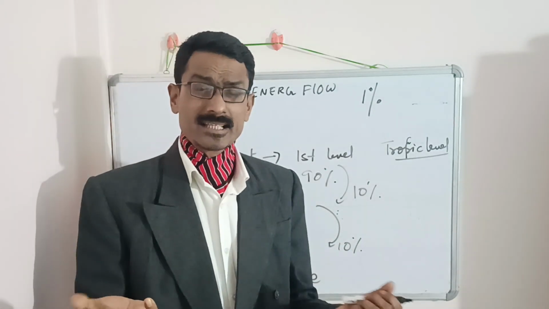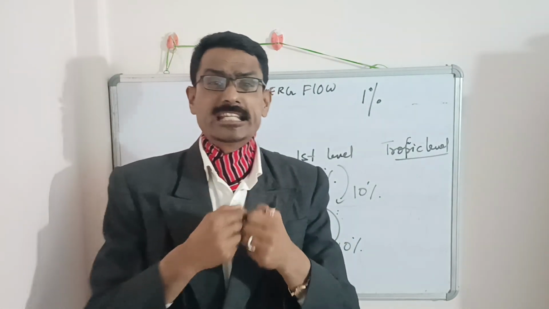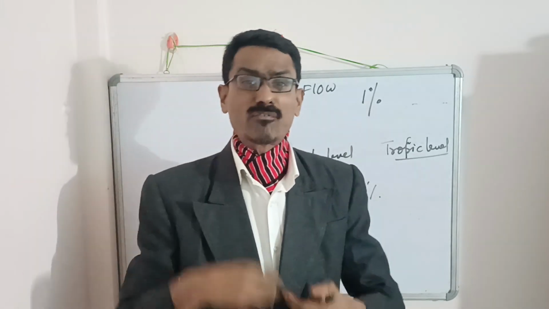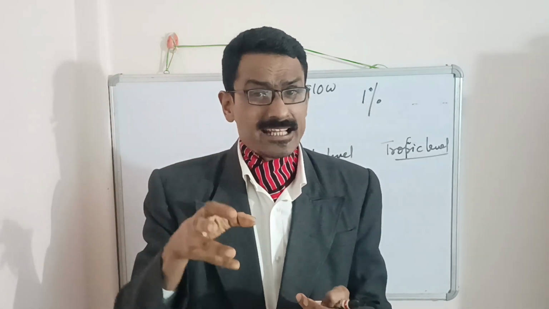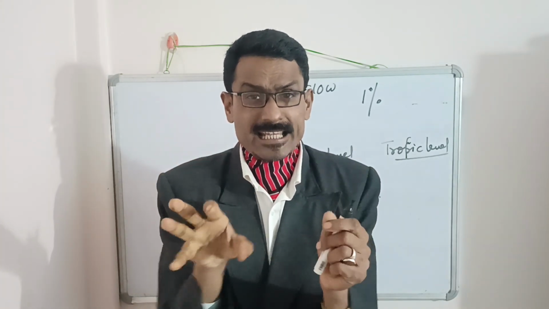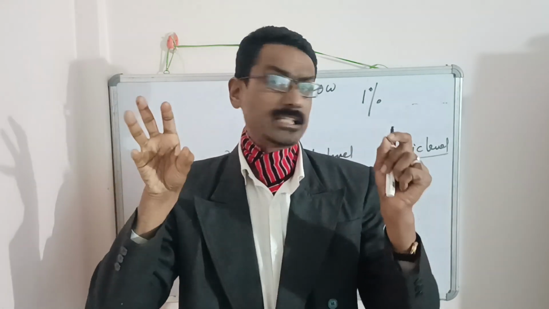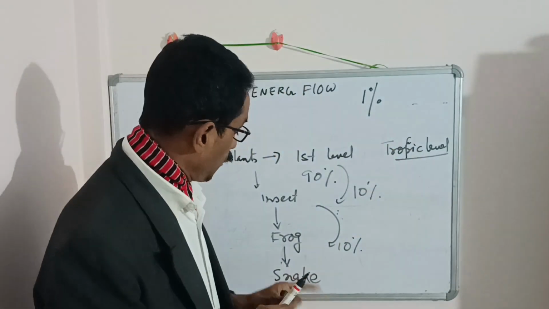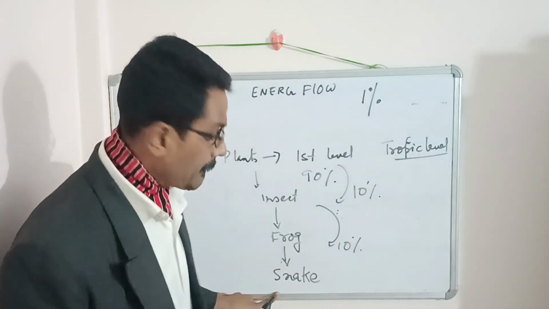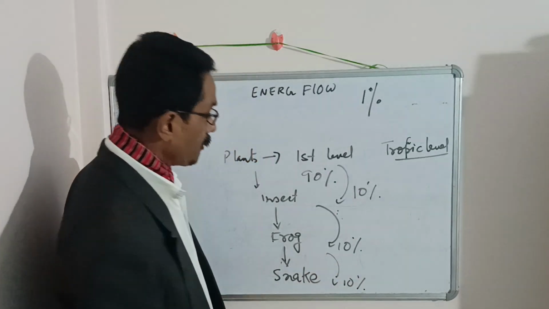Now in that case what happened? Again the same process. The frog utilized the energy for its growth, development, and for undergoing different metabolic processes. And of that, 90% of the energy will be utilized for all its activities. When the frog is eaten by the snake, then only 10% of the energy will go to it.